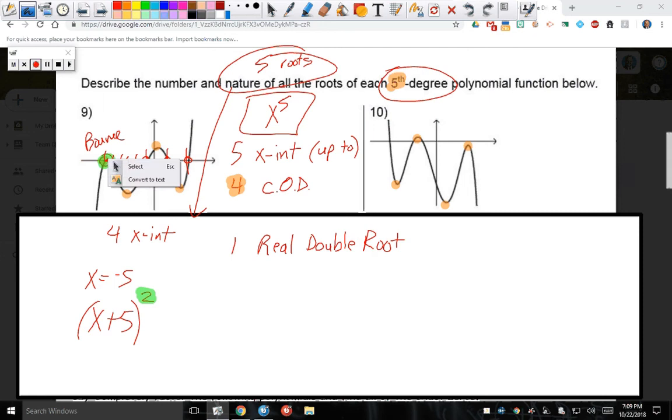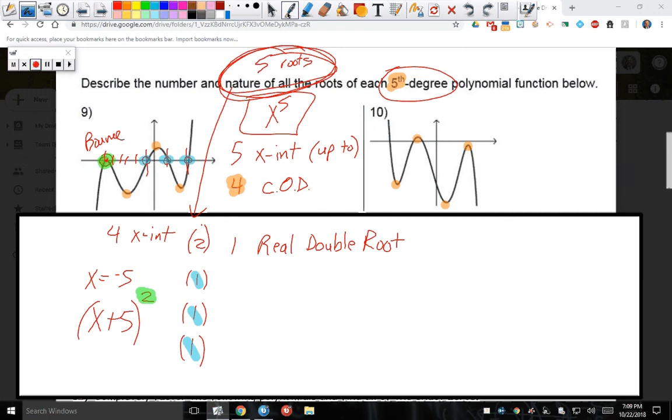Okay? And then we have these other ones. So this accounts for 2 of them, and now we just need the other 3, because again, these are fifth degree polynomials, which means we should have 5. Okay? So I have one here and another one here, which are basically showing this one, that one, and that one.